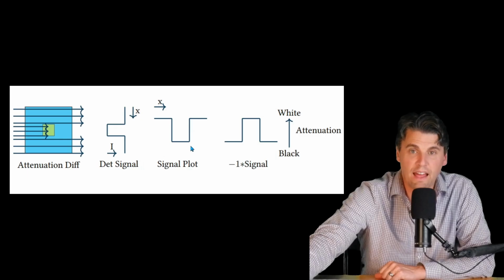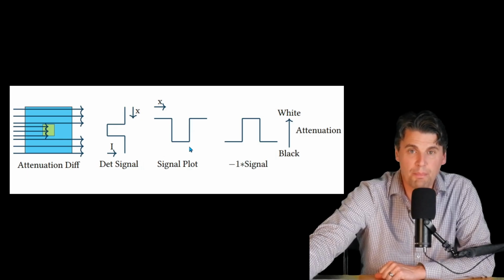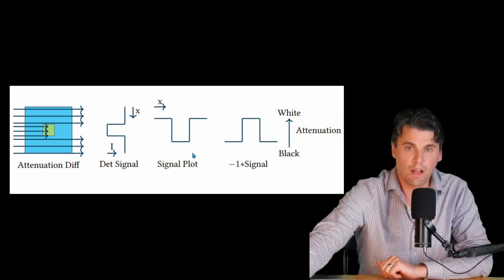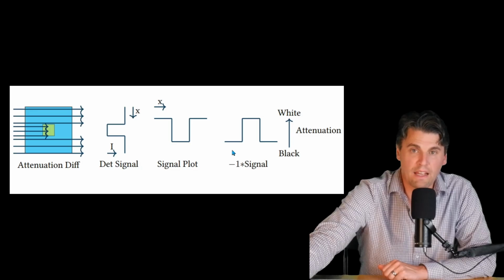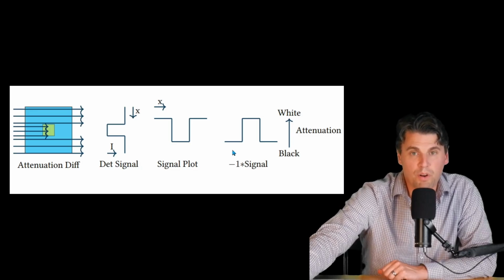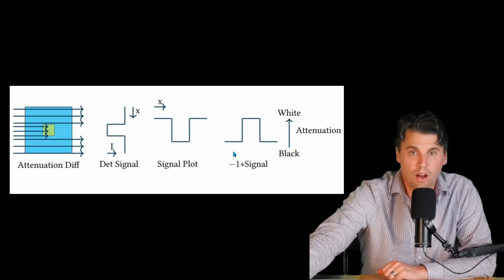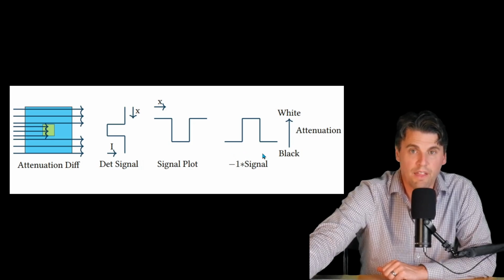We take that and multiply it by a -1, or invert it, turn it upside down. We are plotting a signal which is proportional to the attenuation. Areas of low attenuation are lower, areas of high attenuation are higher. That's what we're going to make an image of.